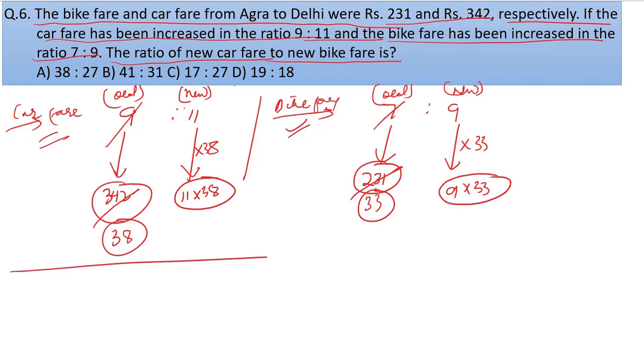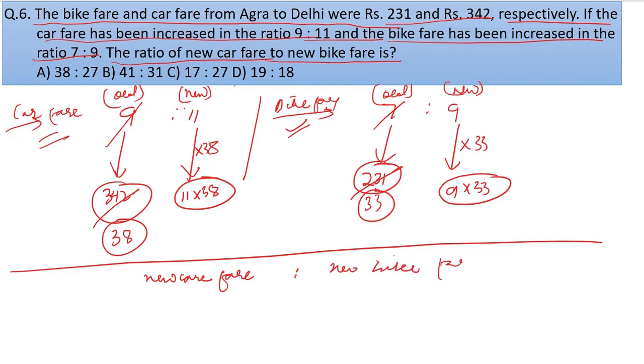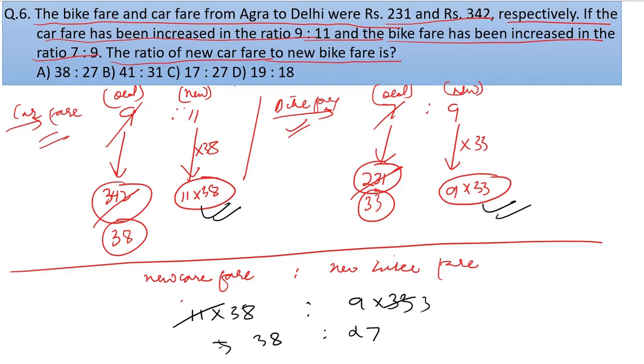So the question is asking the ratio of the new car fare to the new bike fare. The new car fare is 11 into 38, and the new bike fare is 9 into 33. We have 11 times 3 is 33, and then 38 is to 27, 9 times 3 is 27. So option A is our correct answer.